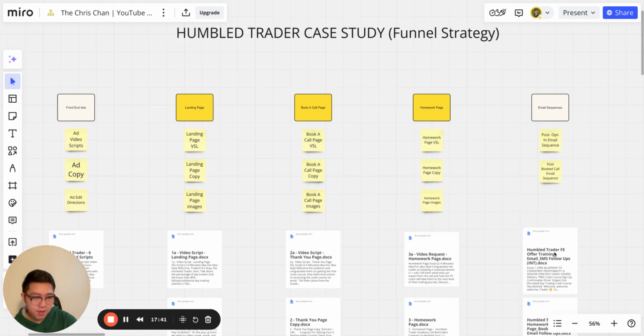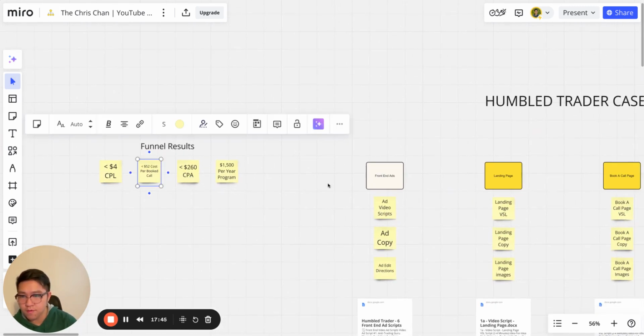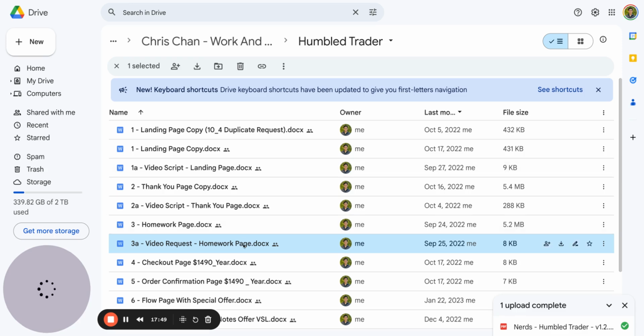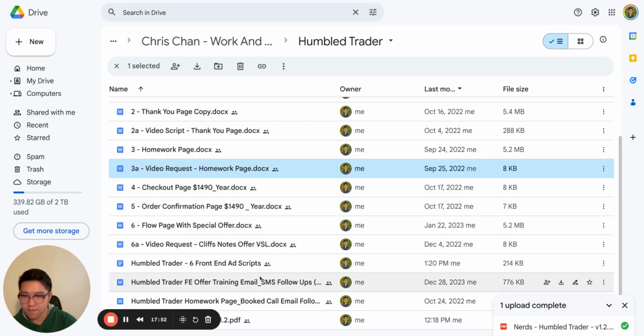So the first emails are the follow-up emails, which is partially how we achieved this $52 cost per booked call metric, because the emails and the follow-up were relevant and value-driven. So let me explain.